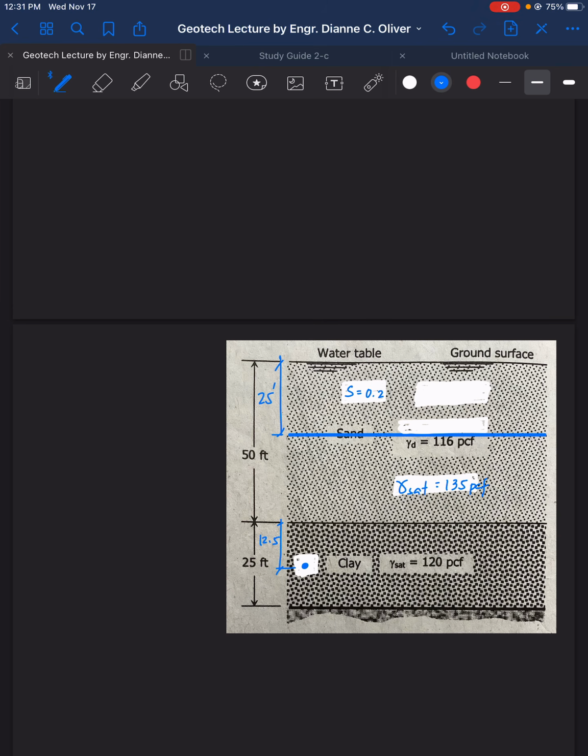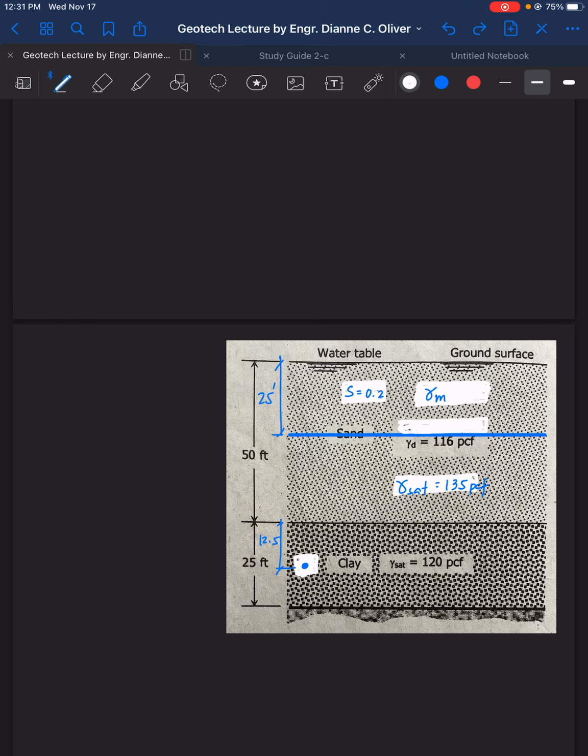So what we have here is gamma moist. We need gamma moist. How about the gamma D here? What can we use for gamma D? You can use gamma D in order to find the value of gamma M. Okay? So let's solve for the value for gamma M.